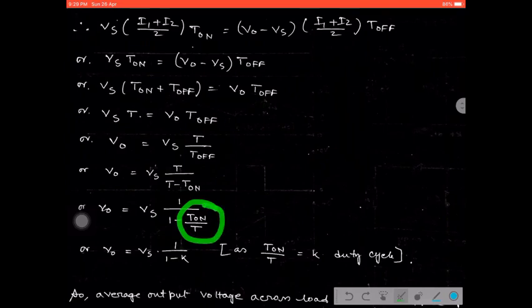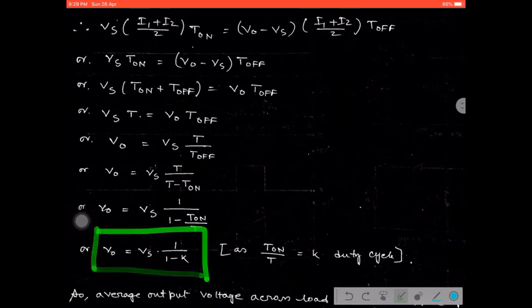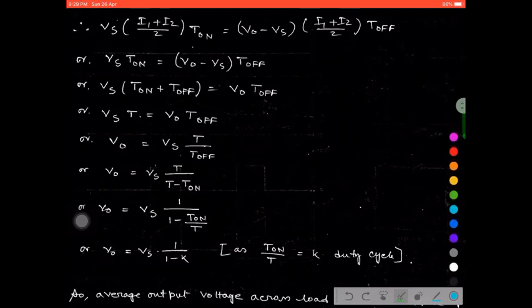As we know, T1 by T is called the duty cycle, which can be replaced by K. So the final expression is V0 equal to Vs times 1 by (1 minus K). And it is a very important point that the duty cycle K is always less than 1.